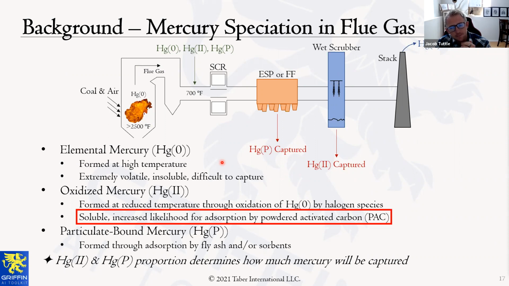And this site had an opacity limit. So you have these competing objectives: we need to minimize mercury emissions, but we also can't have our opacity readings go too high. So we know that our opacity is climbing because of our method of reducing mercury. How do we best balance these two objectives?